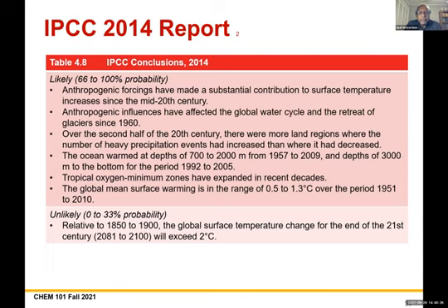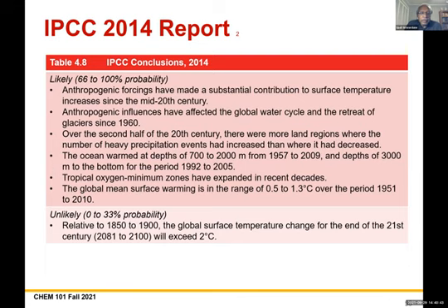The global mean surface warming is in the range of 0.5 to 1.3 over the period of time, so temperature has increased.